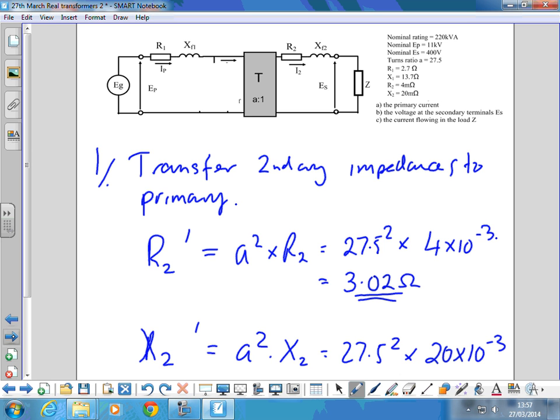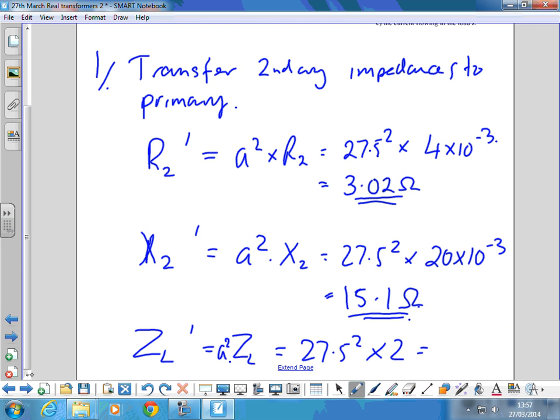When we do our open circuit and short circuit tests, we're not going to be applying full voltage to the primary side when the secondary is short circuited. That would be a disaster on a 220 kVA transformer. No, 2 ohms. So what's the answer to that?